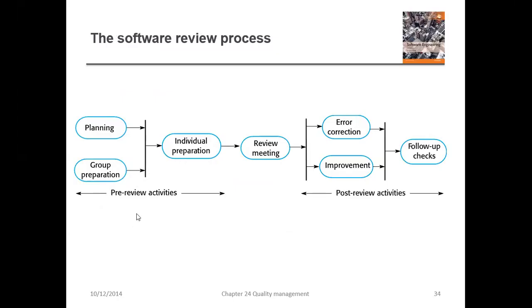As I said, the pre-review activities are the planning and group preparation. And then during the review, there's individual preparation before the review meeting. And after the meeting, there are post-review activities. And the activities will be error correction, improvements to the artifact or the work that has been done. And then there's a follow-up.